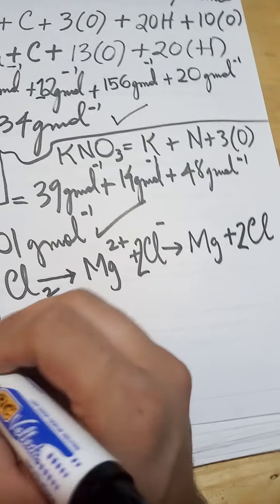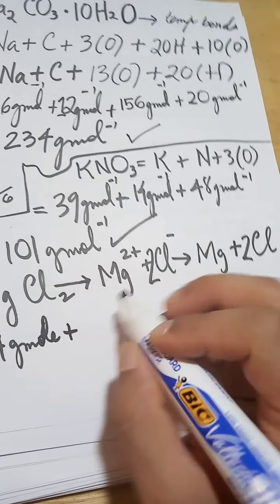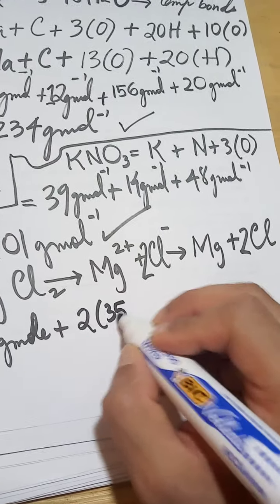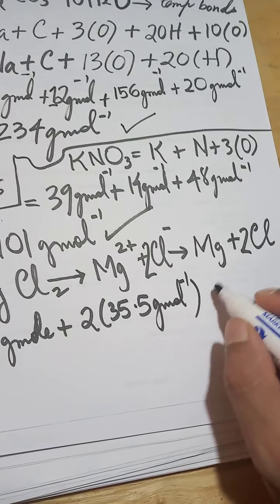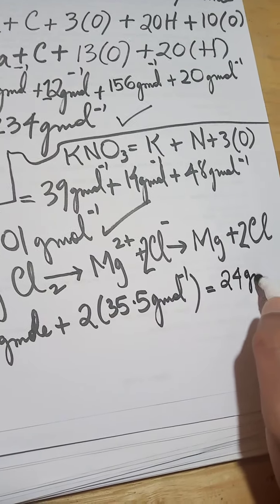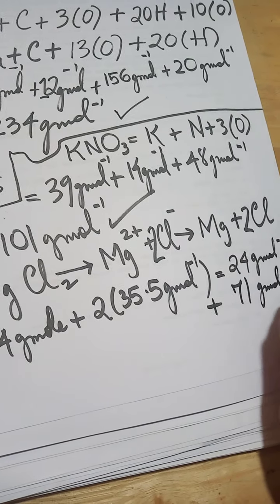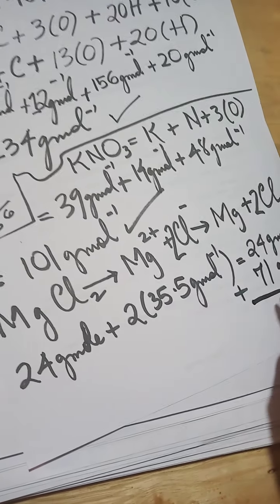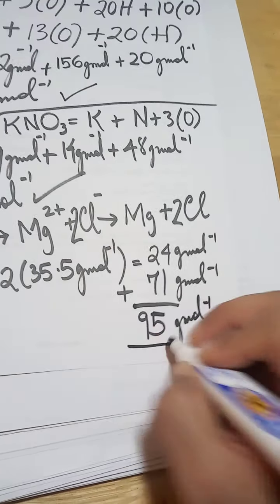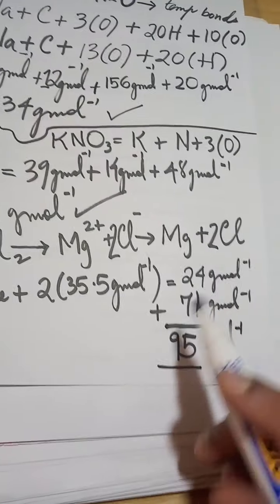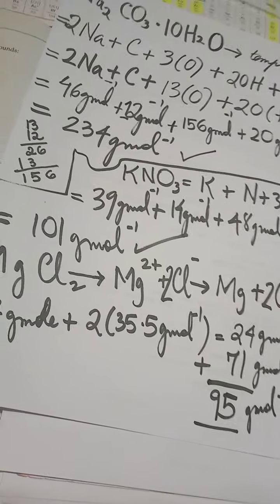So that'll be 24 grams per mole for magnesium, and 2 into 35.5 grams per mole for chlorine. So that'll be 24 grams per mole plus 71 grams per mole, and that'll be 95. So 95 grams of pure magnesium chloride without any contamination would constitute 1 mole of magnesium chloride.